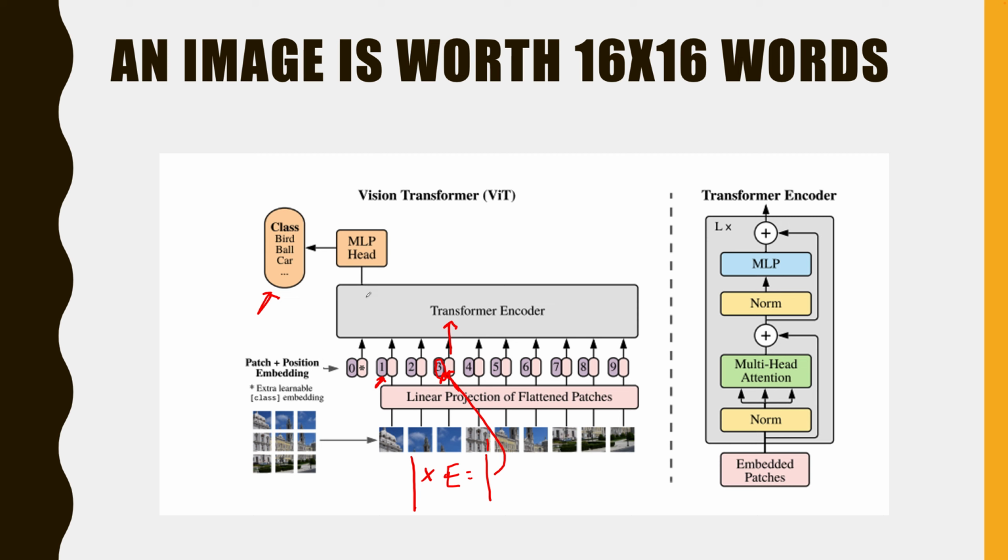And in the end, what you have is a single multi-layer perceptron that does the task-specific job, which in this paper is classification. So take the image and say what class it belongs to. Is it a bird, a building, a car, etc.